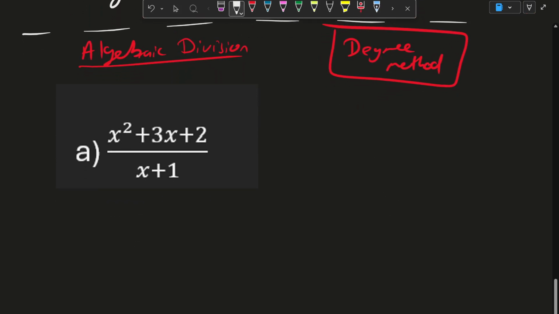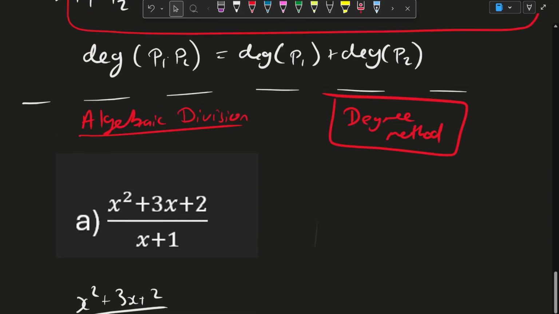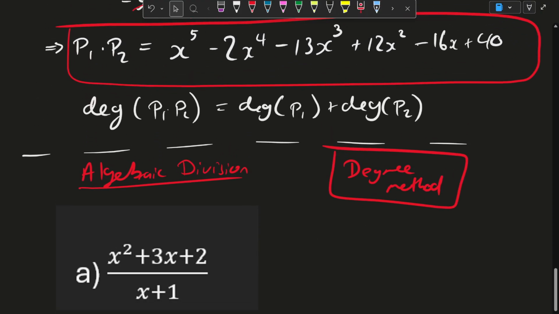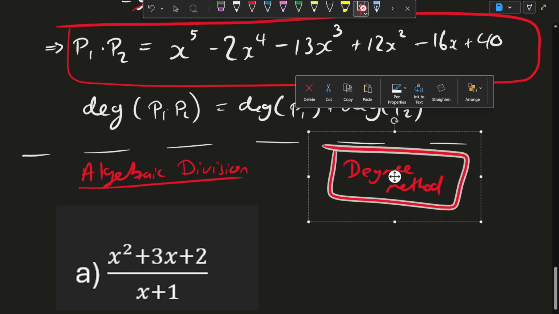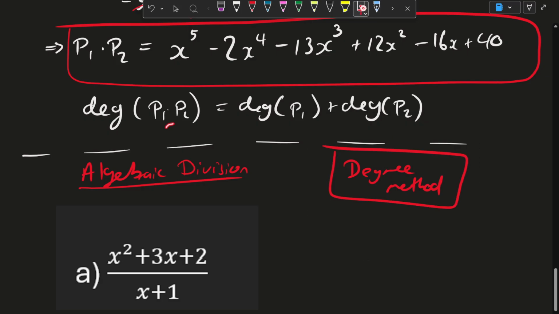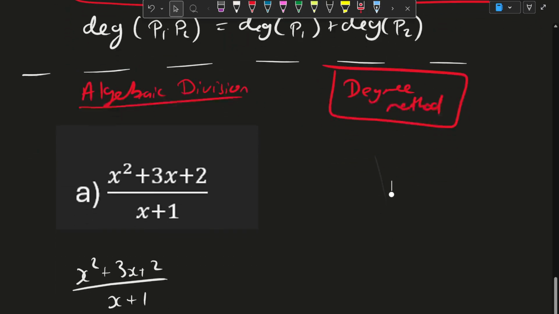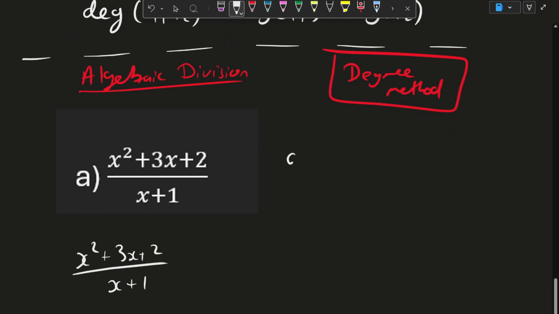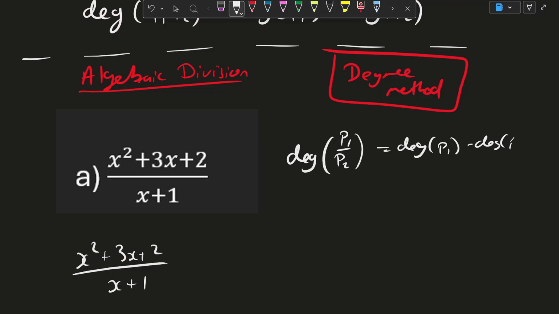What we can note is if we were to solve this, x squared plus 3x plus 2 all over x plus 1, because we're dividing, we'd actually subtract the degrees. So when we're multiplying, we add, so it kind of steps down a level, and we can note that when we divide two polynomials, the degree of the division is simply the difference of the degrees.